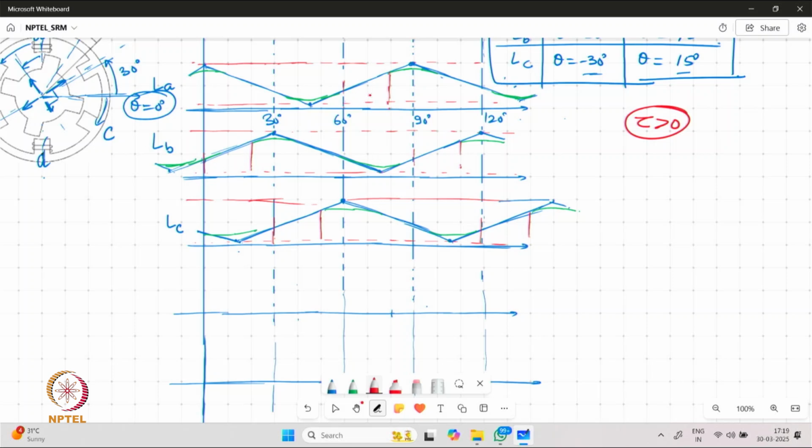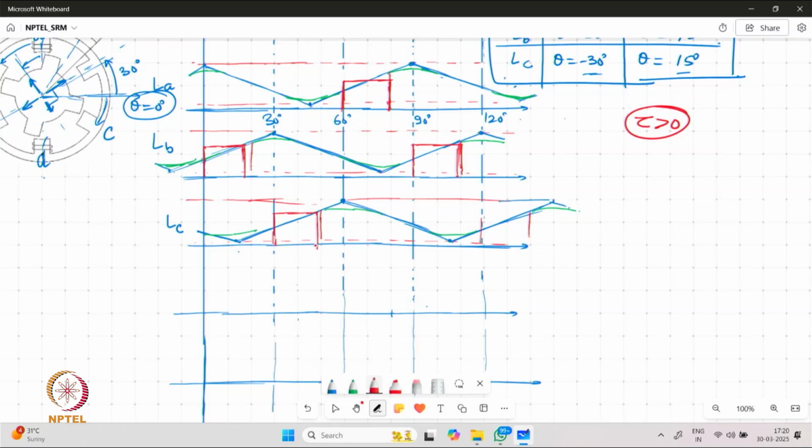As we move along theta, we are going to have a positive dou LA by dou theta from 60 to almost 75 degree, and then a positive value for dou LB by dou theta from 90 degree to almost 105 degree. Similarly, if we go back, we find a positive variation for dou LB by dou theta from 0 to 15, and for dou LC by dou theta from 30 degree to almost 45 degree.